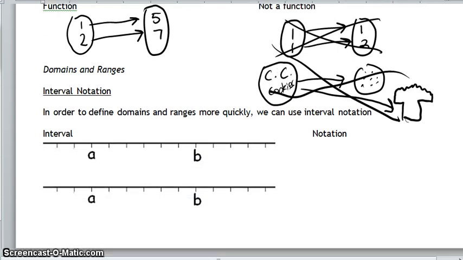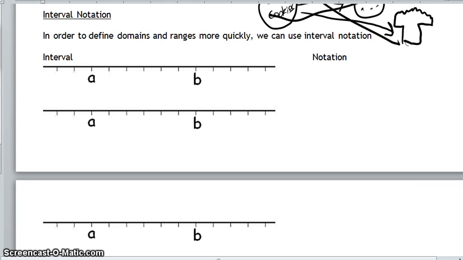Now, in this book, and when you get to calculus level classes, you have to be able to define things very quickly in terms of what works and what doesn't, because sometimes some values work and sometimes an infinite number of values work. And way back from college algebra, when we talk about an interval of values that work, we use interval notation.